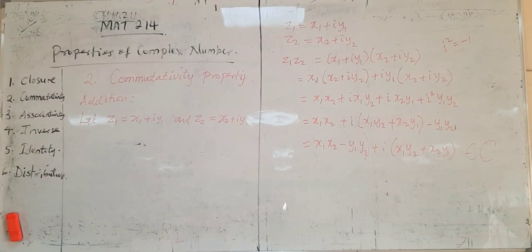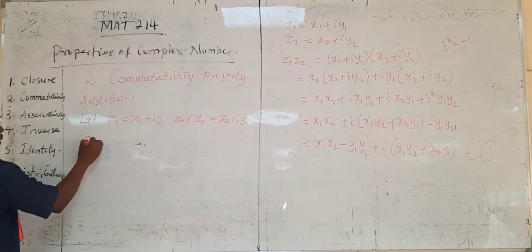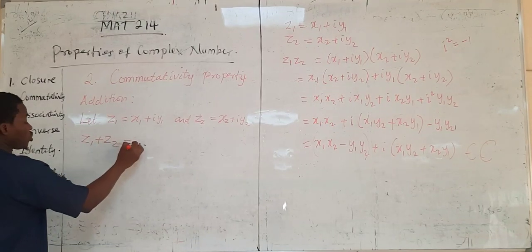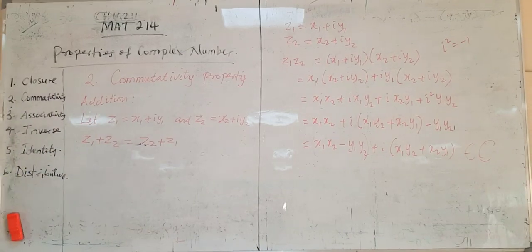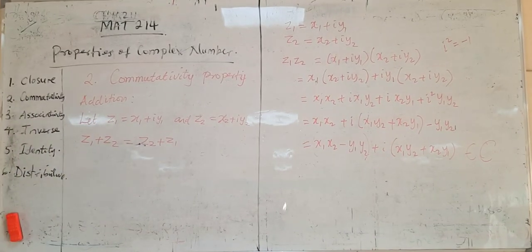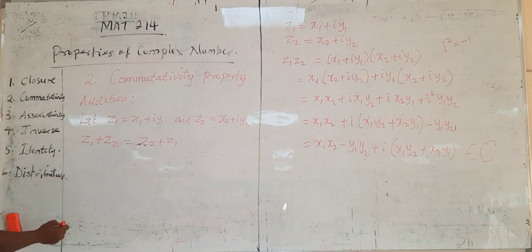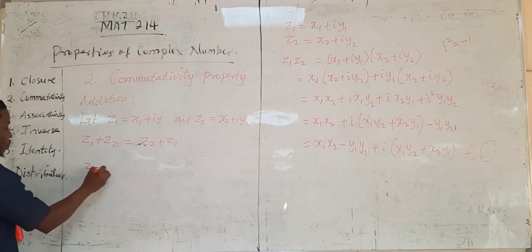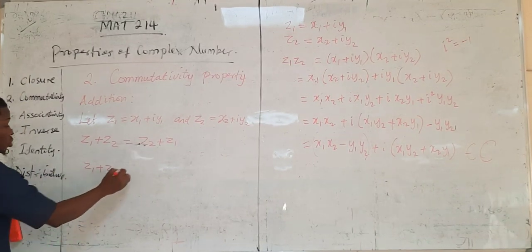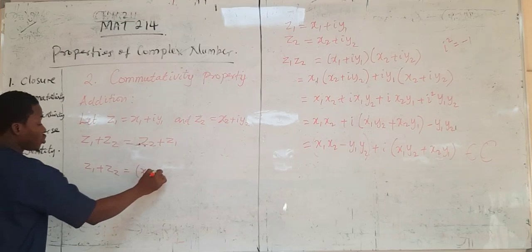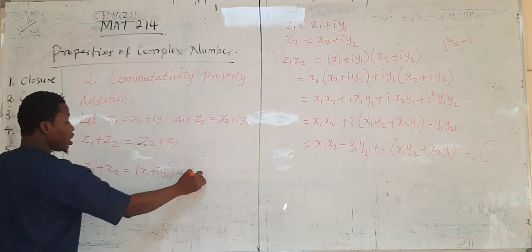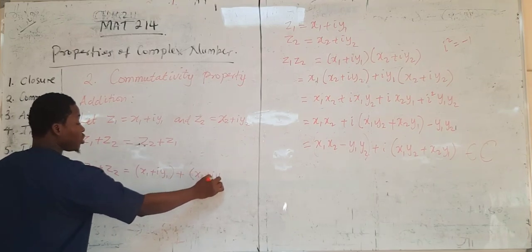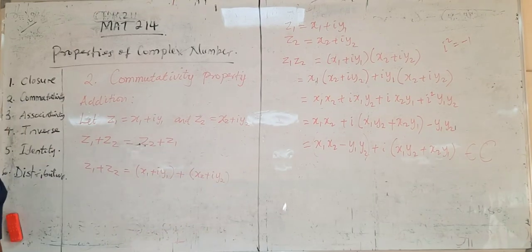Now, commutativity says that z1 plus z2 is equal to z2 plus z1. Now, for the left hand side, we have that z1 plus z2 is equal to x1 plus iy1 plus x2 plus iy2.